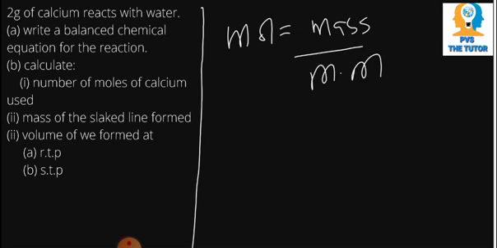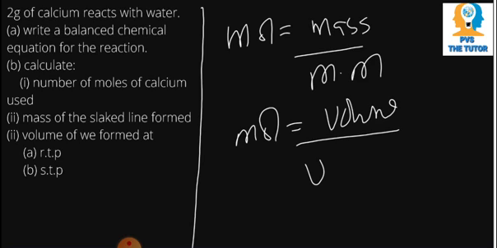And we also need to know that number of moles is equal to volume of that gas over the volume of that gas at RTP or at STP. So we need to take these two into consideration. So that's how we're supposed to go.